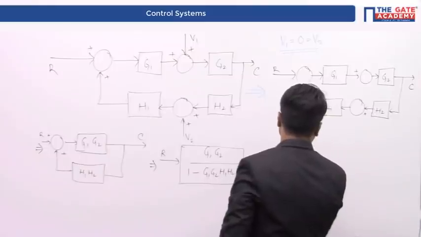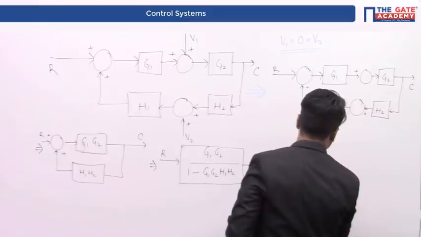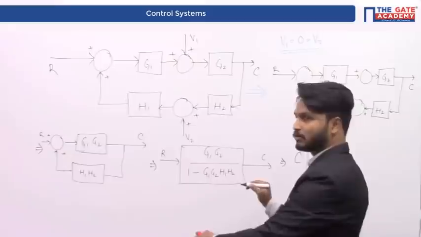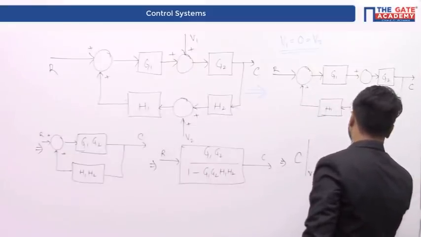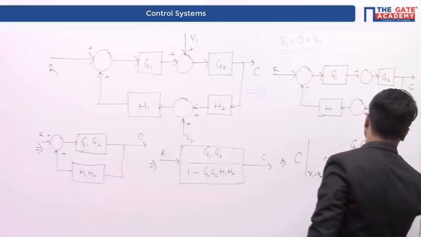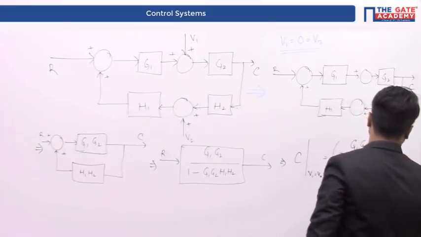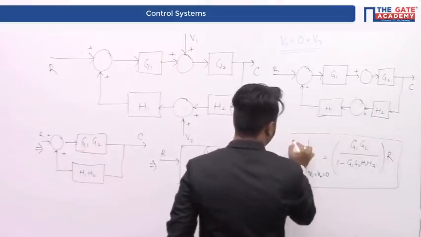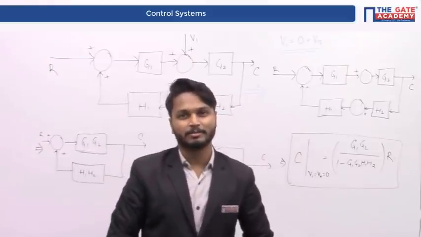That implies C, when V1 is equal to V2 is equal to 0, will be equal to G1 G2 by 1 minus G1 G2 H1 H2 multiplied by R. Therefore, this is the output when only input R is present.